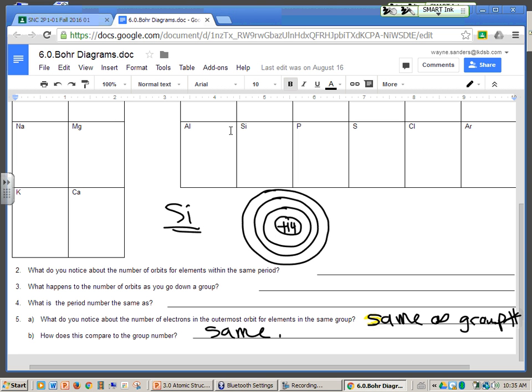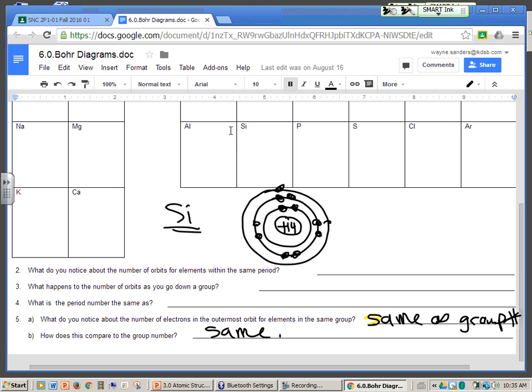And now we can draw it without counting them. How many does the first orbit always get? It always gets 2, and it's full. How much does the second orbit always get when it's full? 8. So I can draw 8. And how many outer electrons will it have? 4, because it's in group 14.